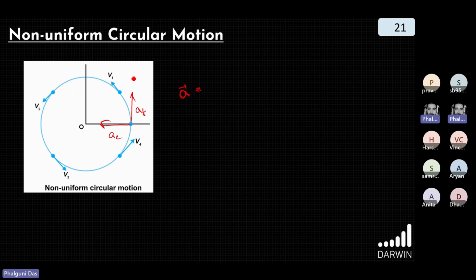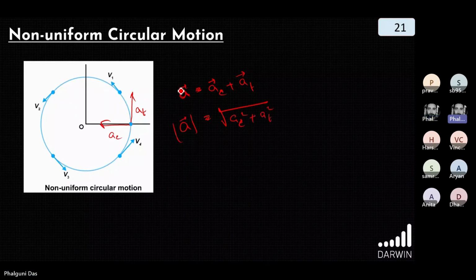So resultant acceleration, in that sense, will be AC plus AT. Since these two are vectors, they have 90 degrees between them. So the magnitude of resultant acceleration is simply the square root of AC square plus AT square, because AC is perpendicular to AT.